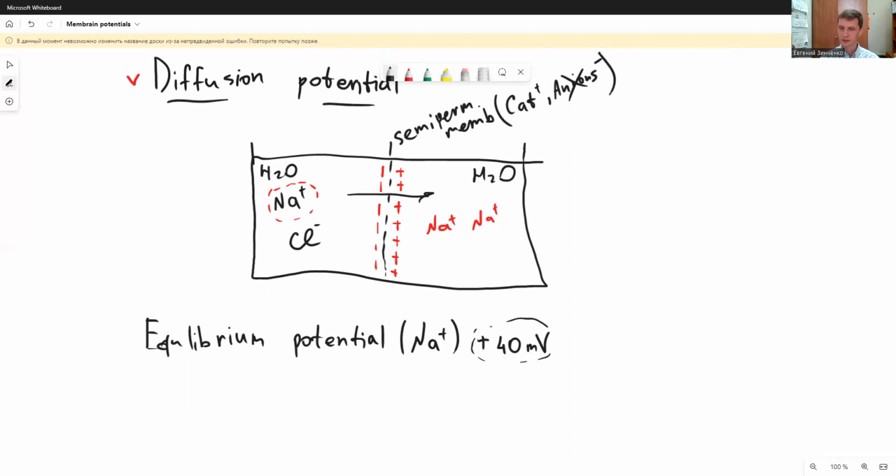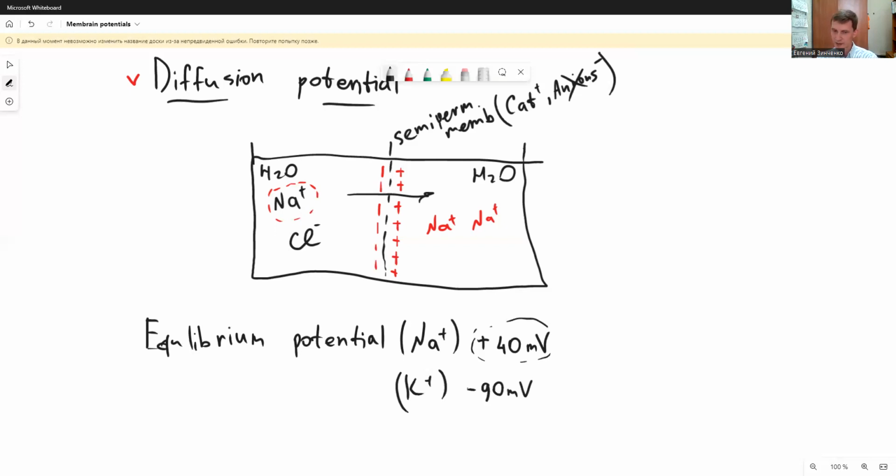We can call this process the depolarization process. Okay? The equilibrium potential for K plus ions, for the concentration difference in usual excitable cells of the human body, is around minus 90 millivolts.